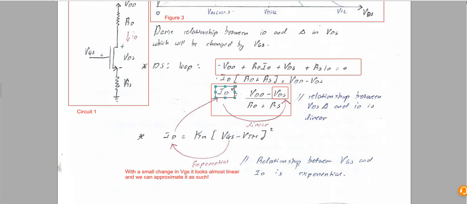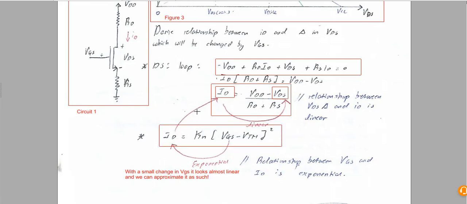Now, what changes ID? Because now we're going to bias this at a specific point. If we keep VGS constant, this is a DC value, and we connect the specific VG supply voltage to the gate, we're going to get a specific ID.